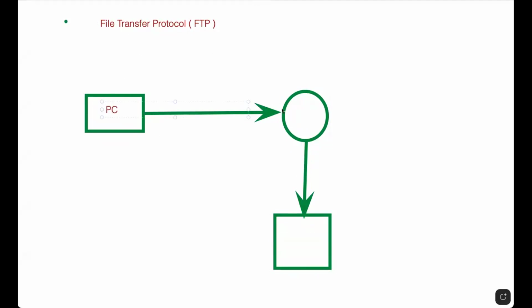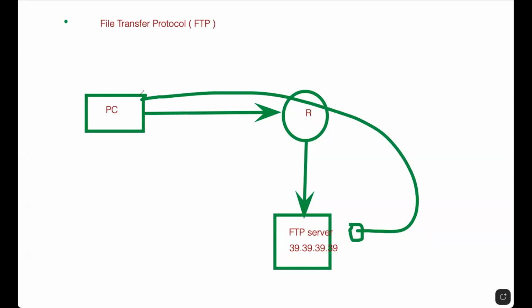So let's say you have a PC, and then a router, then you have a file server, FTP server. Again, let's say it's 39.39.39.39. Let's say you have a file on the FTP server, and you can use that file to send it to the PC, or you can download it to the PC directly from the FTP server.